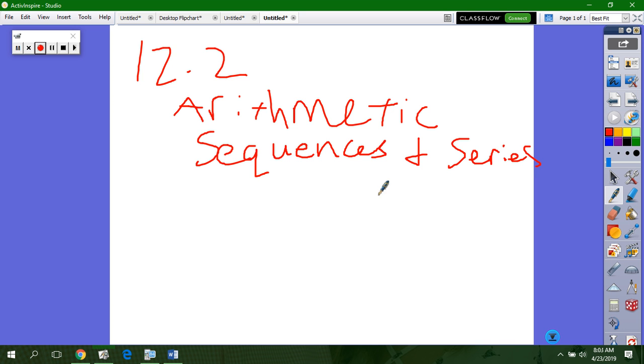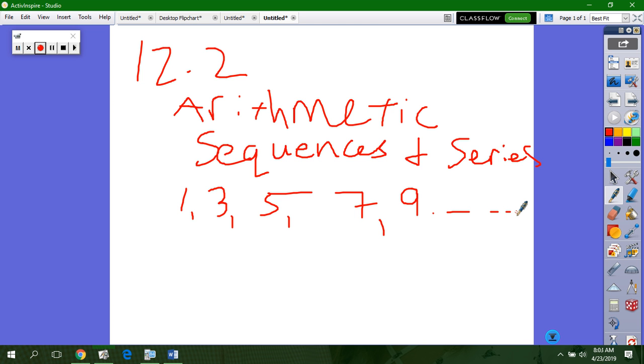Okay. Anyway, so when we're doing arithmetic sequences, this is when we see like 1, 3, 5, 7, 9. We continue to add a certain number. But isn't subtracting the same thing as addition? I could say add a negative number, right?